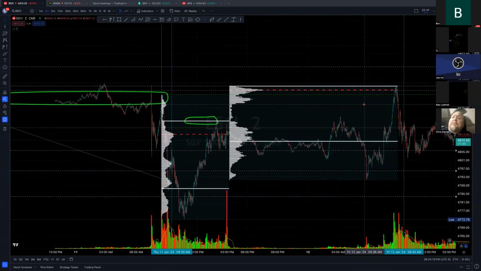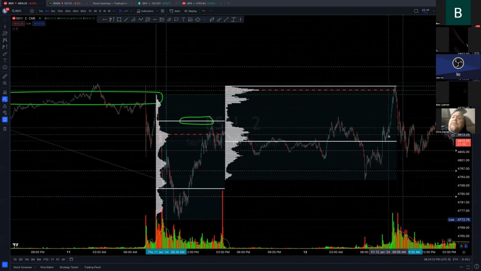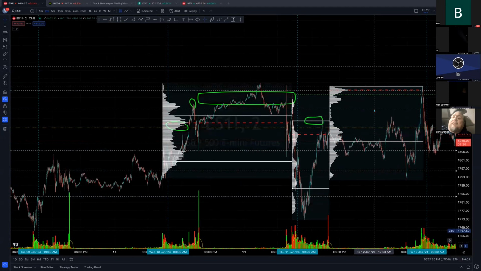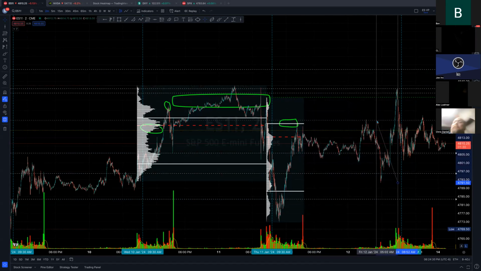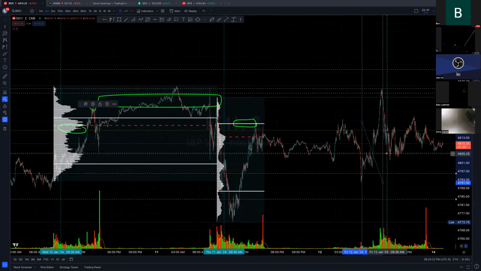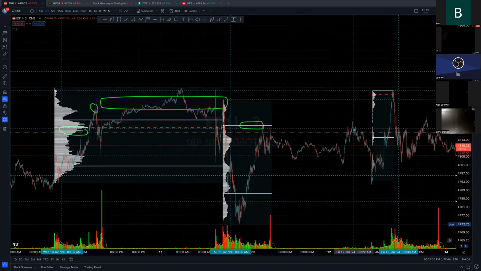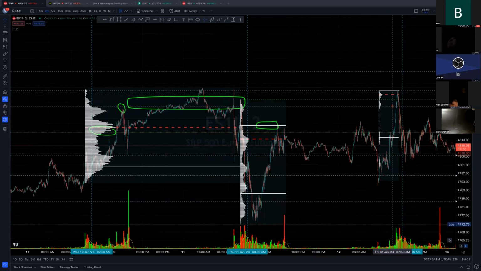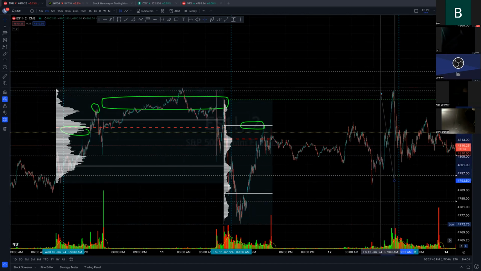Why is this so large? It shouldn't be like this. Did I move that one? No. Okay, let me fix this. Okay, so on the volume profile here, let me move a little bit closer. Right there.